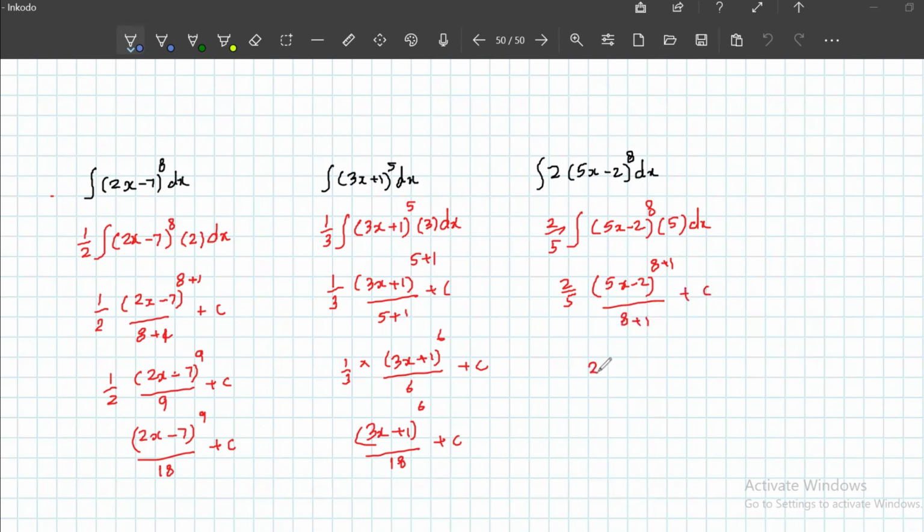So it is 2 (5x minus 2) power 9 over 5 multiply 9, which is equal to (5x minus 2) whole power 9 over 9 times 5, that is 45. So plus constant of integration. I hope it is clear.